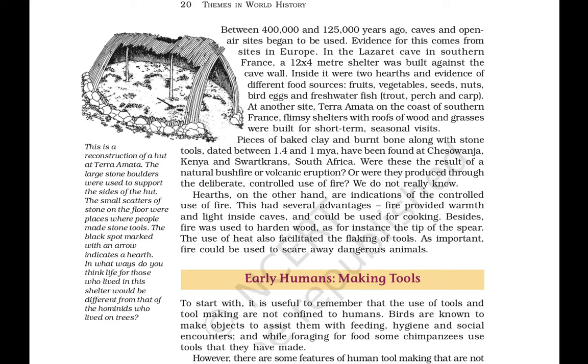Hearths, on the other hand, are indications of the controlled use of fire. This had several advantages. Fire provided warmth and light inside caves and could be used for cooking. Besides, fire was used to harden wood, as for instance, the tip of the spear. The use of heat also facilitated the flaking of tools. As important, fire could be used to scare away dangerous animals.